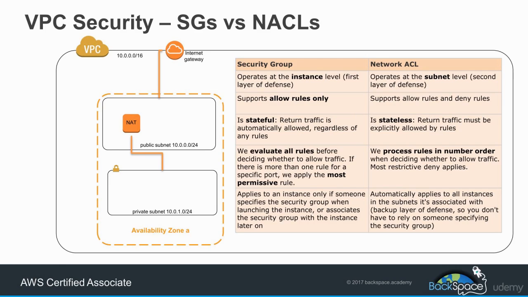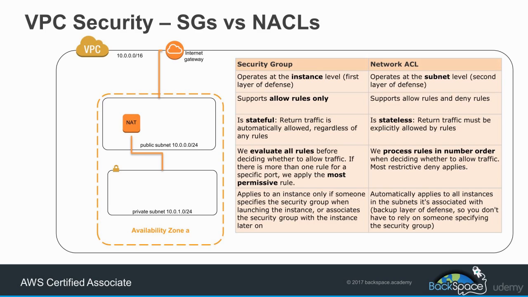So return traffic must be explicitly allowed by the rules, otherwise it will not happen. We process rules in number order, and when deciding whether to allow traffic, the most restrictive deny applies. That's the opposite of a security group, where the most permissive applies.